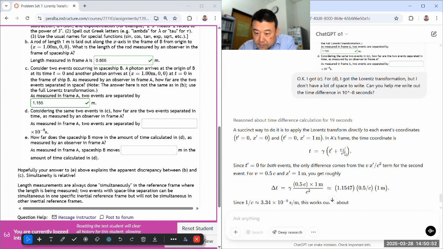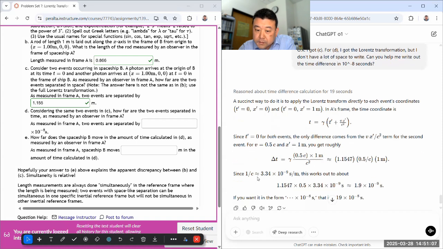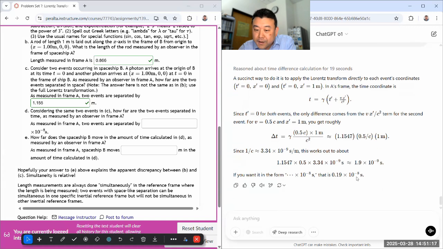Looking at that, t prime is 0 for both events, so the difference comes from that. And gamma, so beta is 0.5. So 1 over, all right, I don't have the number memorized, but looks about right. c being 3, 1 divided by 3, yeah, that looks about right. That works out to be about, yeah, that's probably right.